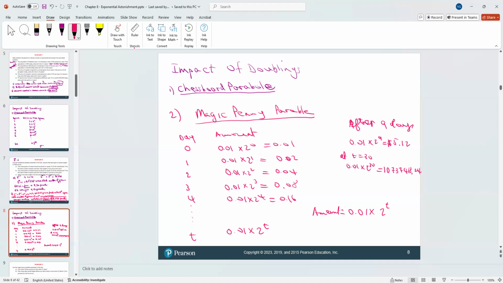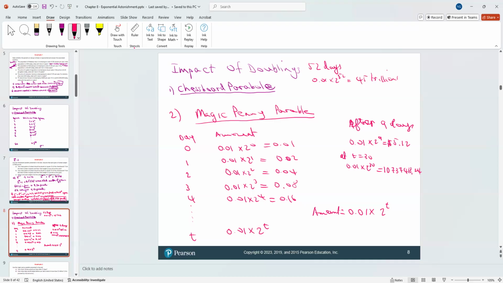In fact, if your magic penny keeps doubling, by the end of just 52 days you're going to have $1 trillion, because if you take 52 days, that's 0.01 times 2 power 52. That gives you $45 trillion, right?